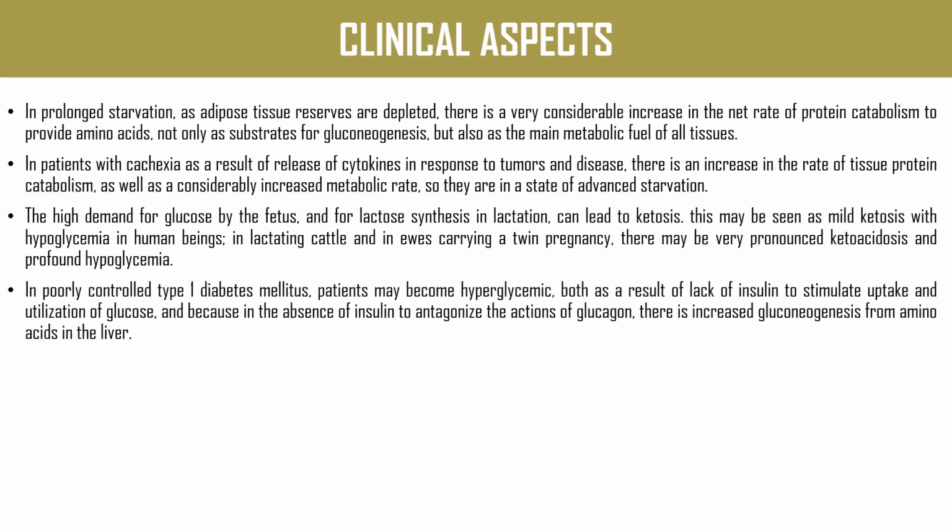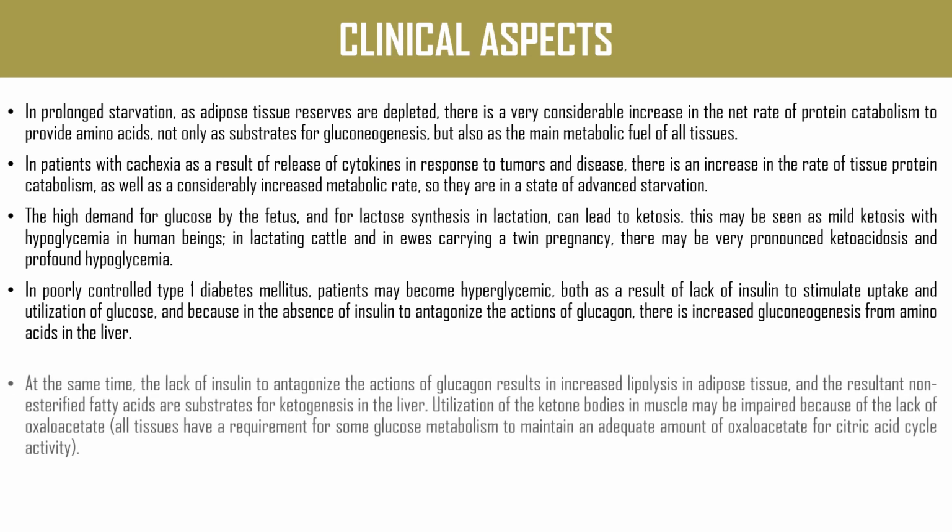In poorly controlled type 1 diabetes mellitus, patients may become hyperglycemic both as a result of lack of insulin to stimulate uptake and utilization of glucose, and because in the absence of insulin to antagonize the action of glucagon, there is increased gluconeogenesis from amino acids in the liver.